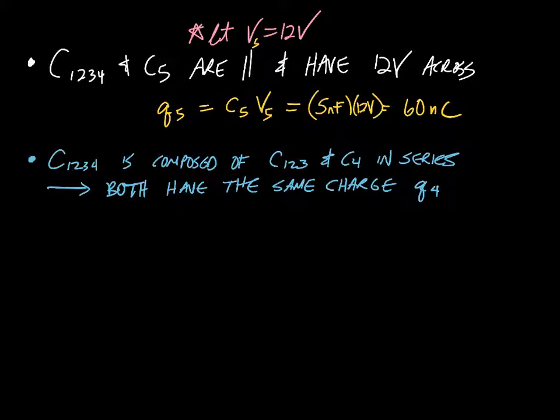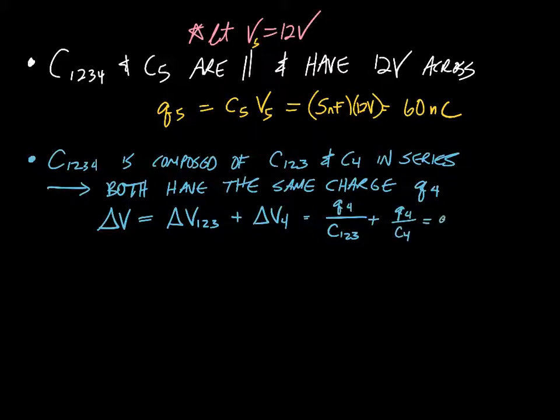So the difference in potential here is going to be the potential that's on 1, 2, 3, plus the potential that's on 4, which is going to be Q4 over C1, 2, 3, plus Q4 over C4, which will be Q4 times 1 over C1, 2, 3, plus 1 over C4.